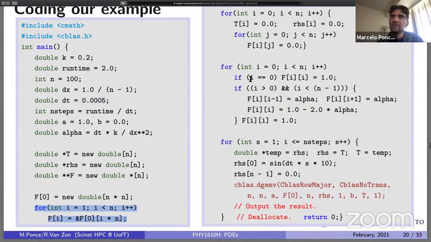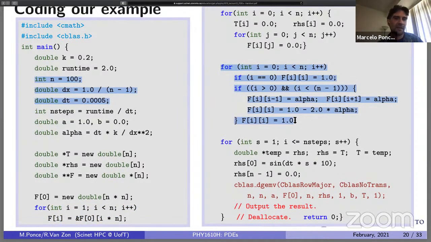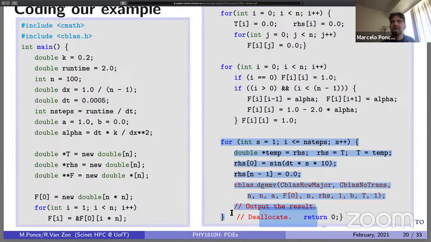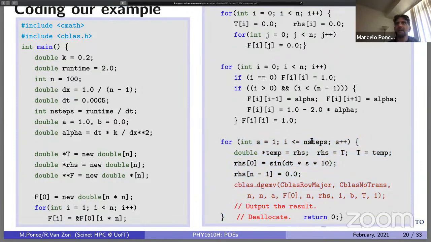All this to say that this for loop and this third for loop are just to create the matrix and the vectors, and that's it. The very last for loop is the one that actually does the time evolution of the system. Let's take a look at that.